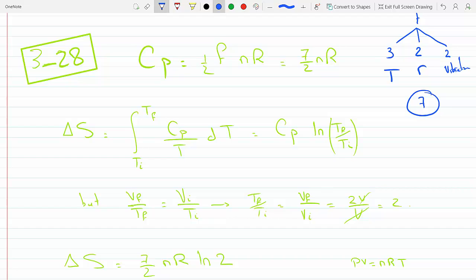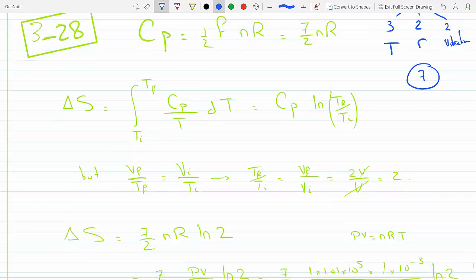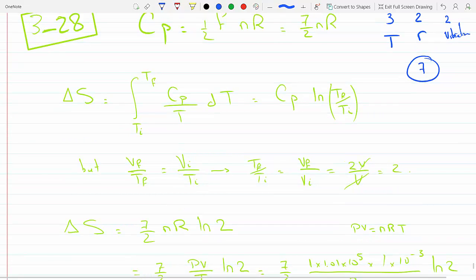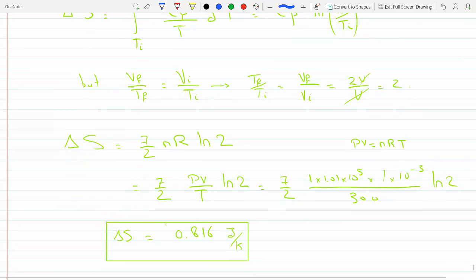So V final over T final has to equal V initial over T initial. If you've ever taken basic chemistry, this is what they call Charles' law. That means the ratio between final temperature and initial temperature is the same as the ratio between final volume and initial volume, and since it doubles, this is just 2V over V, which is just 2. So I could replace the ratio of the temperatures with 2, and I get 7/2 NR ln 2.